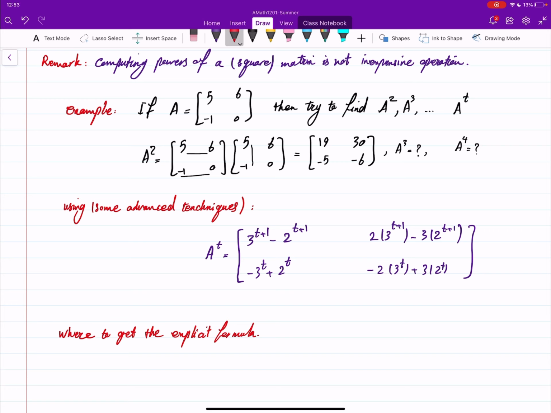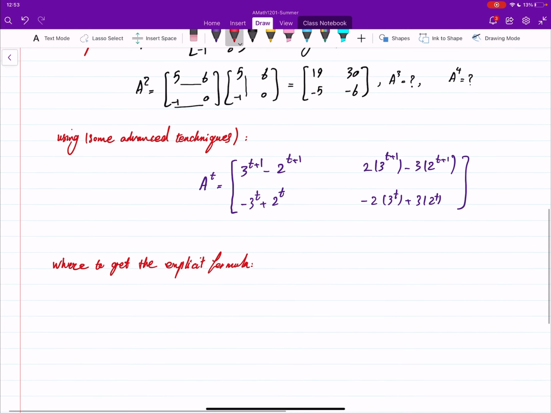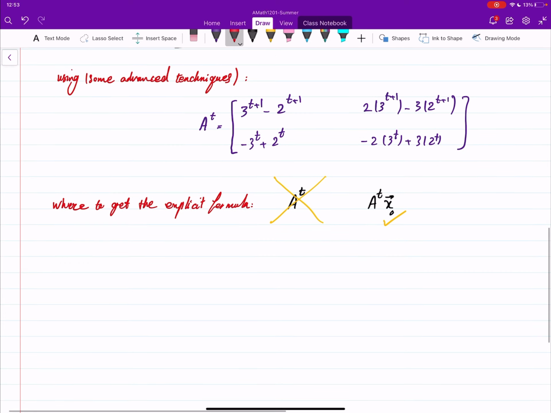Well, we calculated A to the power t, then we want to multiply it by x0. But we know that A to the power t takes a lot of work. What if we have a technique where we don't calculate A to the power t and then multiply it by x0? We do some calculation from the beginning which involves x0 itself.